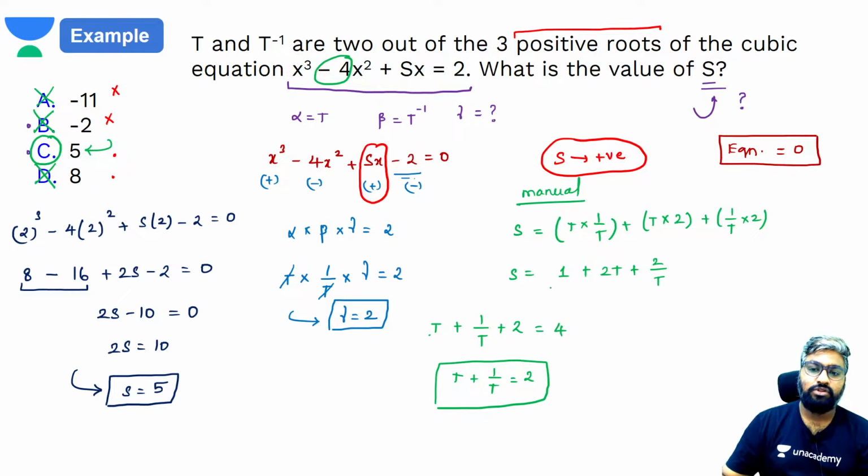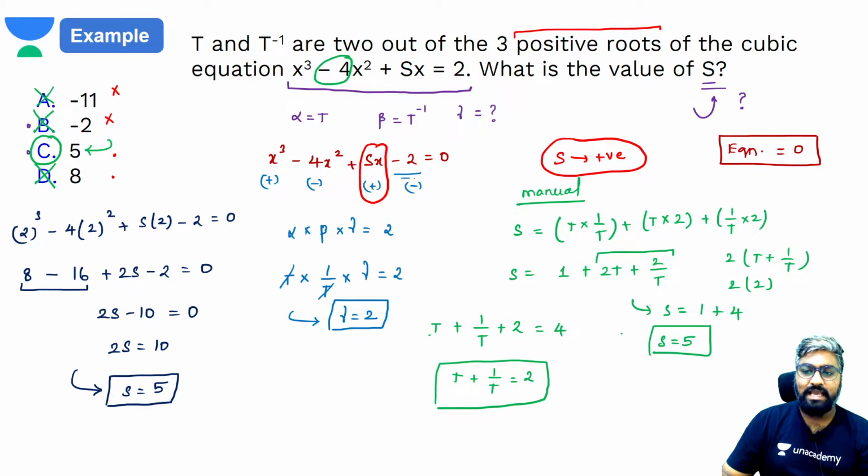Yes, everyone? So what do you get here? Here S's value will be 2T plus 2 by T, that's nothing but 2 into T plus 1 by T, or 2 into 2, that is 4, plus 1. So S is equal to 5. Alternative approach to the same concept.